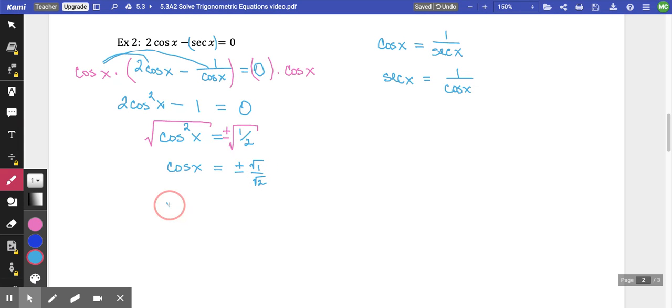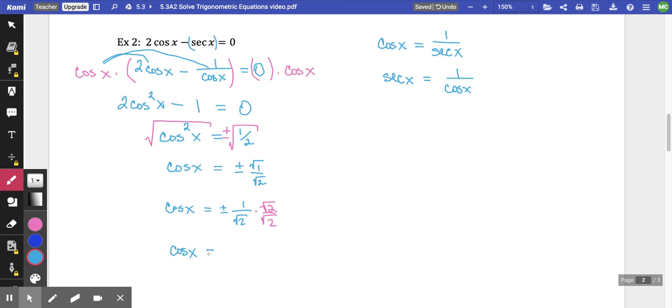So I'm going to write it like this. Square root of 1, of course, is just 1. The square root of 2 is not a nice, pretty number, so I would leave it as square root of 2. But that gives me something with a radical in the denominator, which we do have to rationalize. So to rationalize that, we're going to multiply by root 2 over root 2, a fancy version of the number 1.